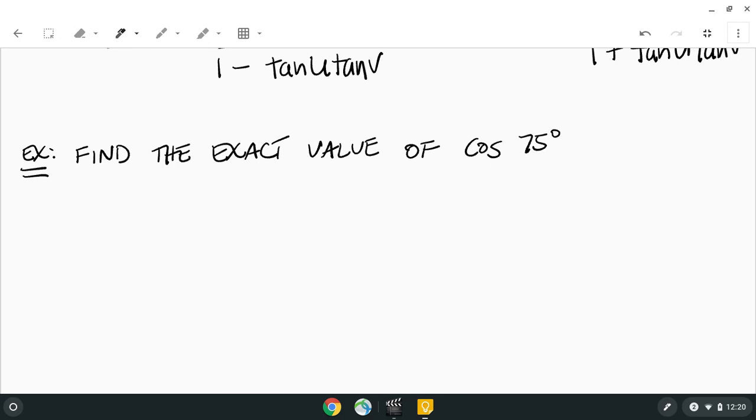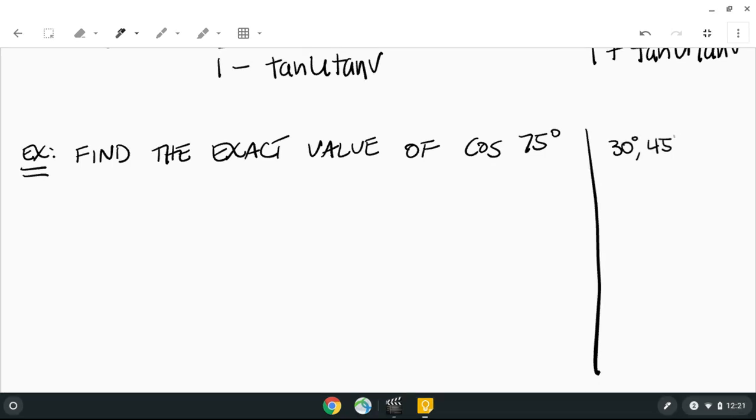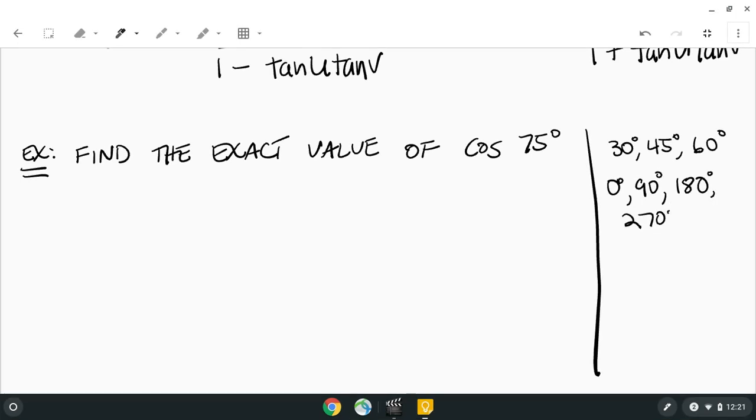So what is helpful here is, let me go off to the side, listing maybe the angles that you have memorized. So we have memorized 30, 45, and 60. And then, of course, all the quadrantal ones, 0, 90, 180, 270, and 360, right?